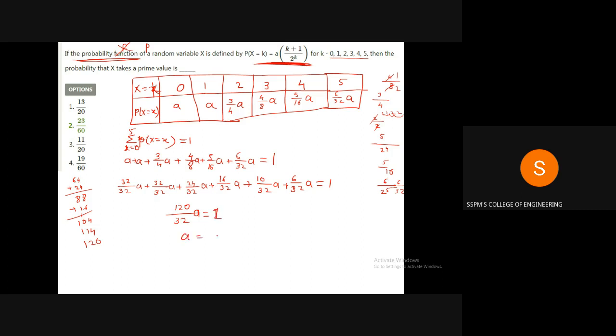That is, a is equal to 32 divided by 120. If we divide by 8, we have 4 by 15. So a is equal to 4 divided by 15. That is the value of a.